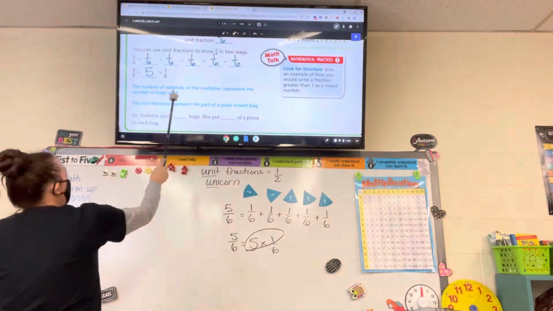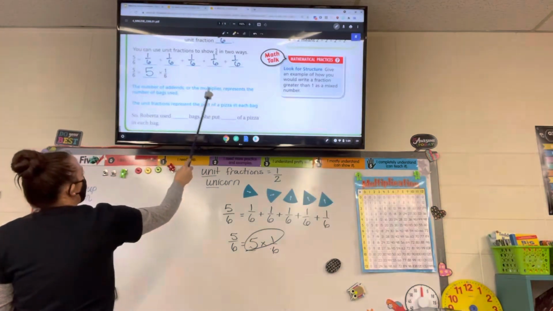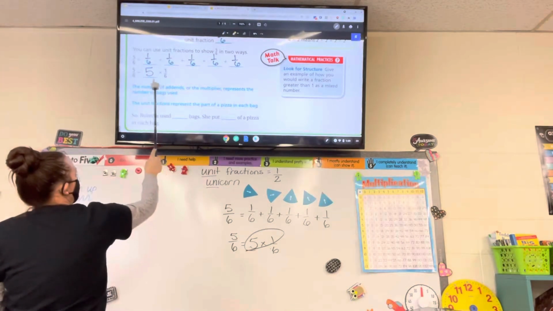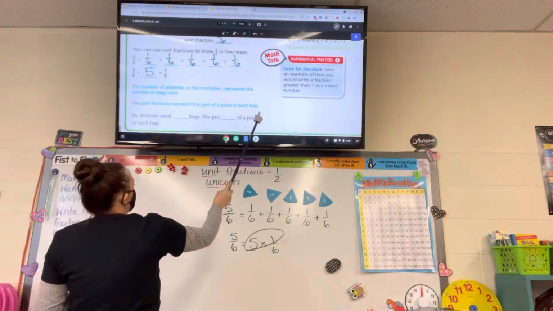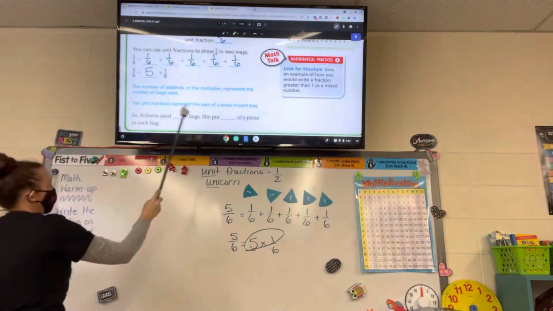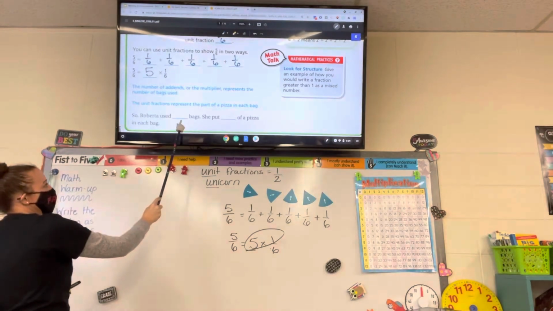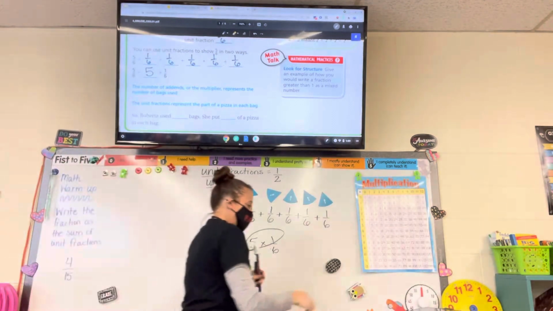The number of add-ins, or the multiplier, represents the number of bags used. The unit fractions represent the part of the pizza in each bag. So Roberta used how many bags? 5, and she put 1/6 in each bag.